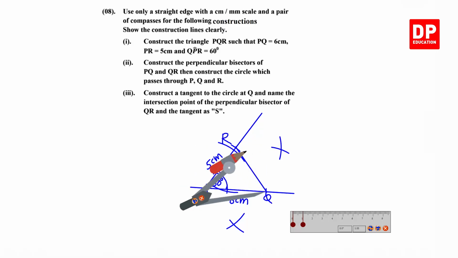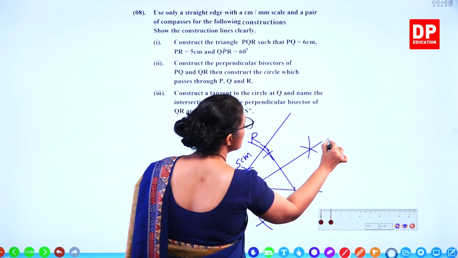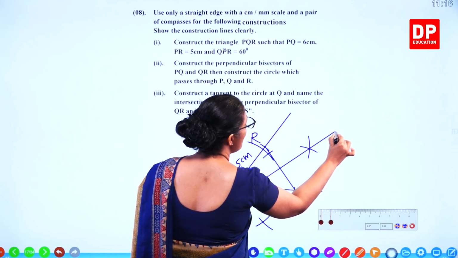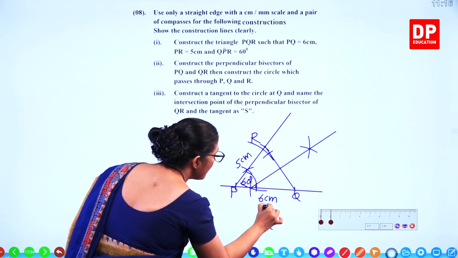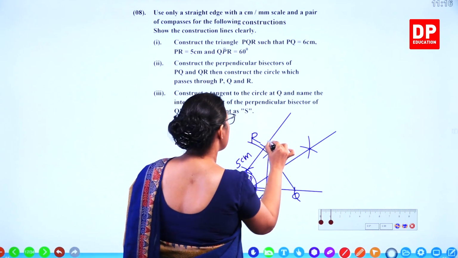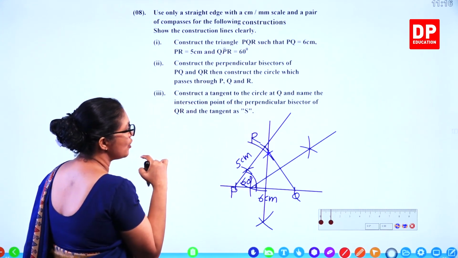This one and this one. Now we'll connect these points. So this one with this one, that's one perpendicular bisector, and this one with this one, that's the other perpendicular bisector.